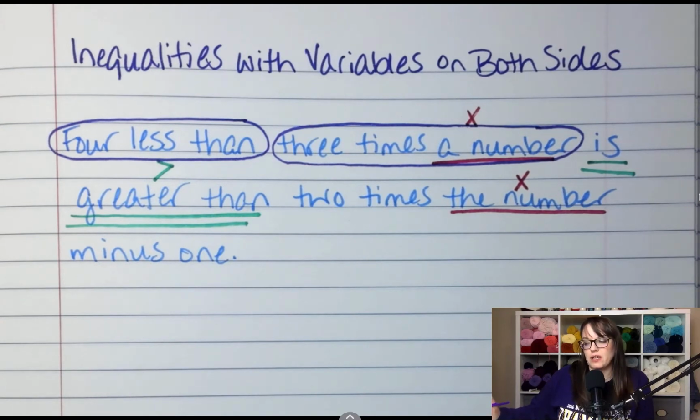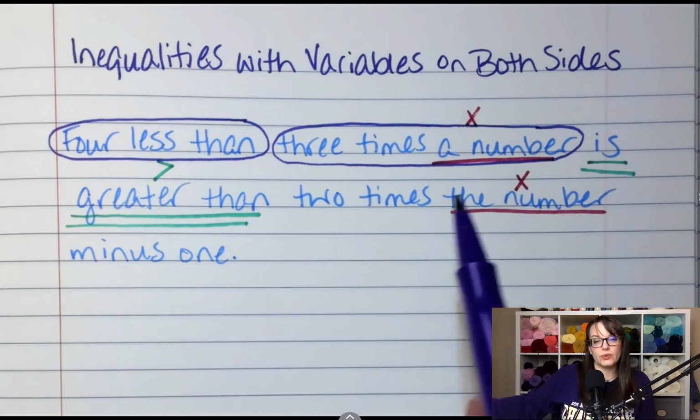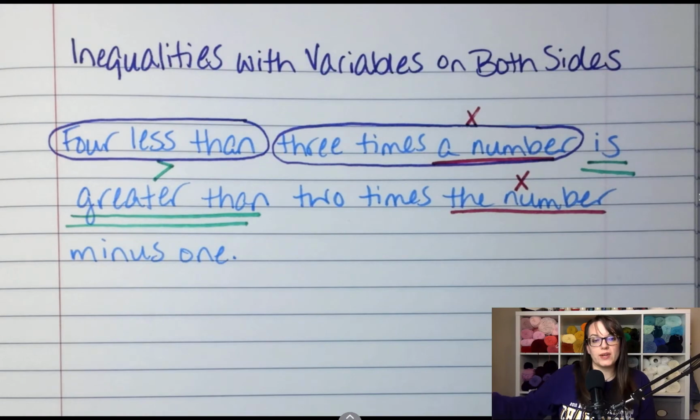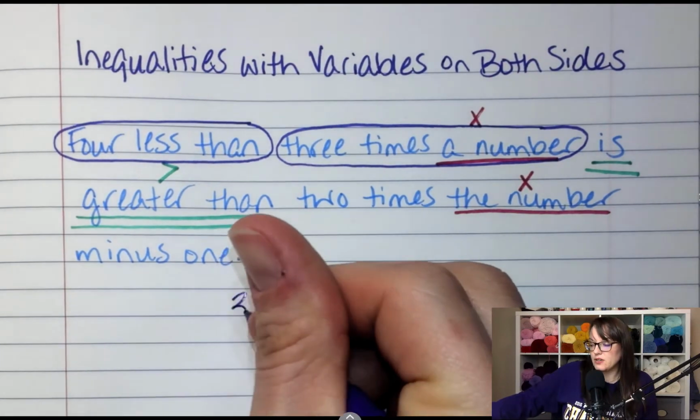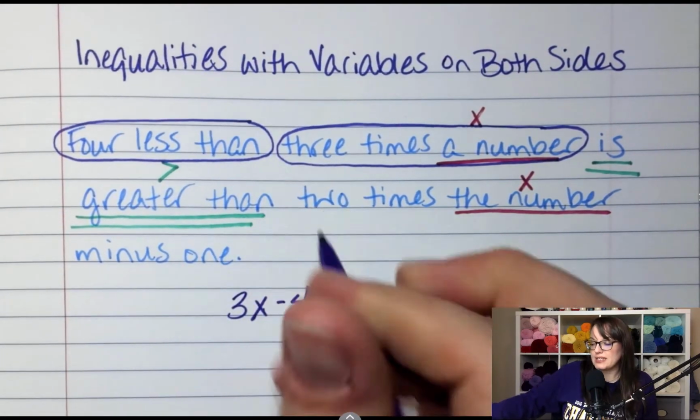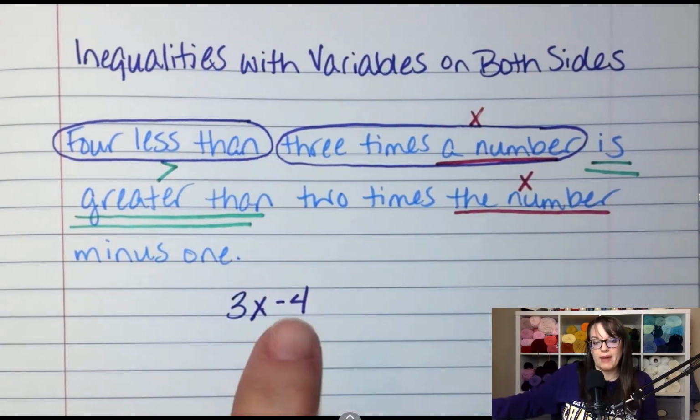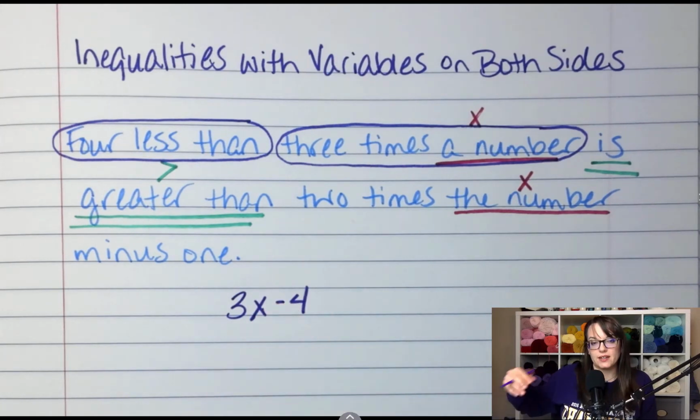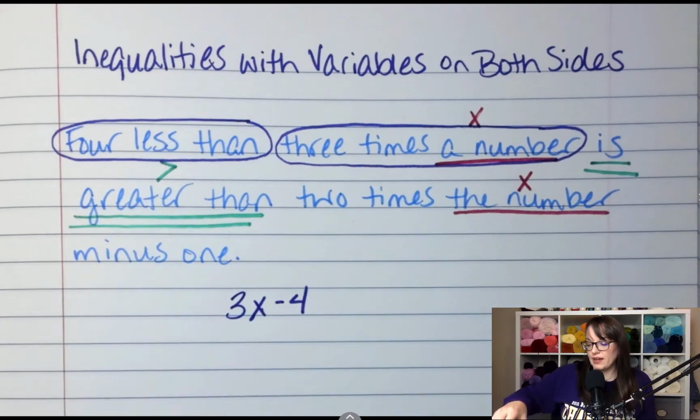Is that going to be 4 minus 3x or 3x minus 4? It is 3x minus 4 because remember when it says less than, we make it a minus 4 instead of 4 minus. And then is greater than, so there's my greater than sign.